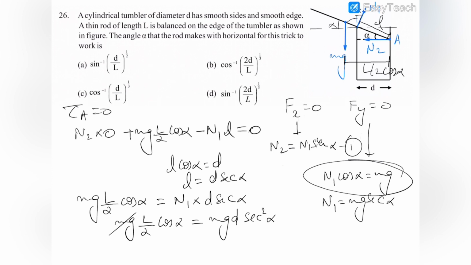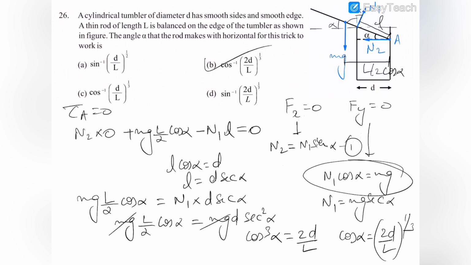Cancelling out mg with mg, we can see that cos cube alpha is equal to 2d by L, and therefore cos alpha will be equal to (2d by L) to the power 1 by 3. So the correct answer would be option number B. Now we move on to the next question.